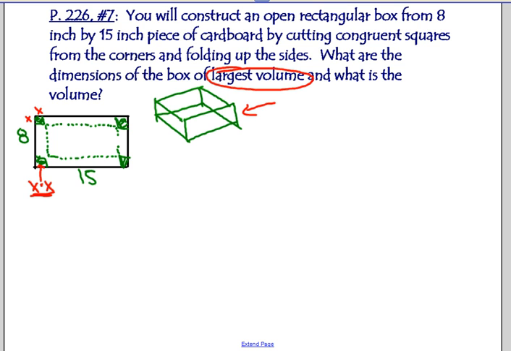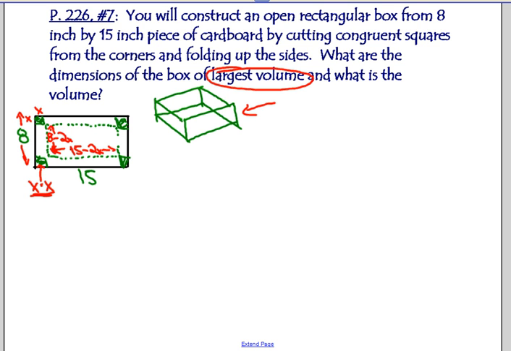Now when we look at the box we made, it was 8 top to bottom, but you took off x on both ends. So going up and down to the dotted lines, that's 8 minus 2x. Likewise, back and forth would be 15 minus 2x.